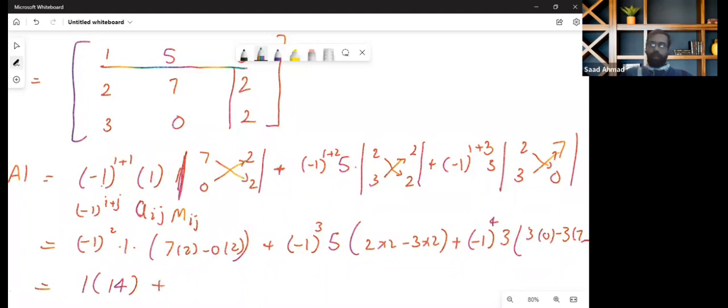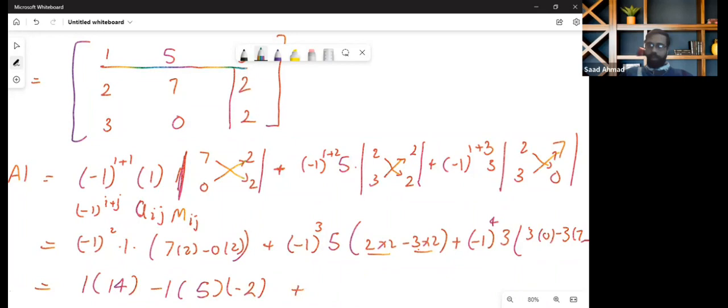Then plus, -1 to an odd power, that is the power of 3, will give us a minus. So -1 times 5 times 2 times 2 is 4, 4 minus 6. That is -2.